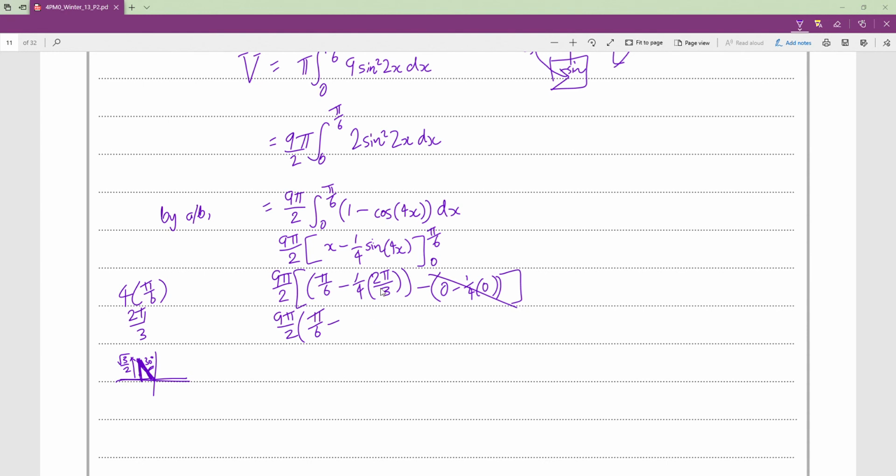Oh, no, yeah. Okay, my apologies, I panicked. This should be root 3 over 2. I accidentally wrote the angle instead of the sine of the angle in there. So, pi over 6 minus root 3 over 8.